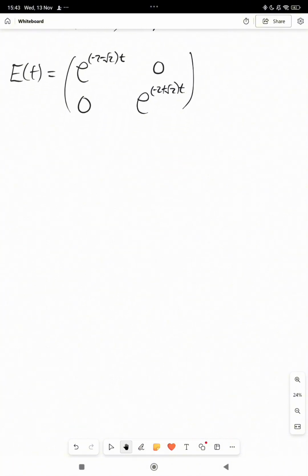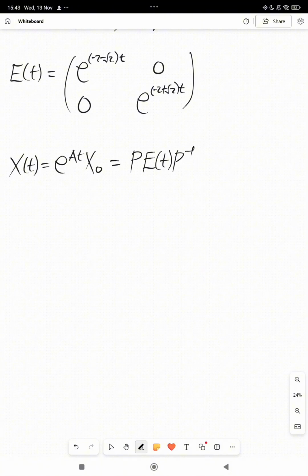So now we have everything we need. Remember, our solution is given by x of t, which is equal to e raised to the power a t x naught, which is given by P e of t P inverse x naught.